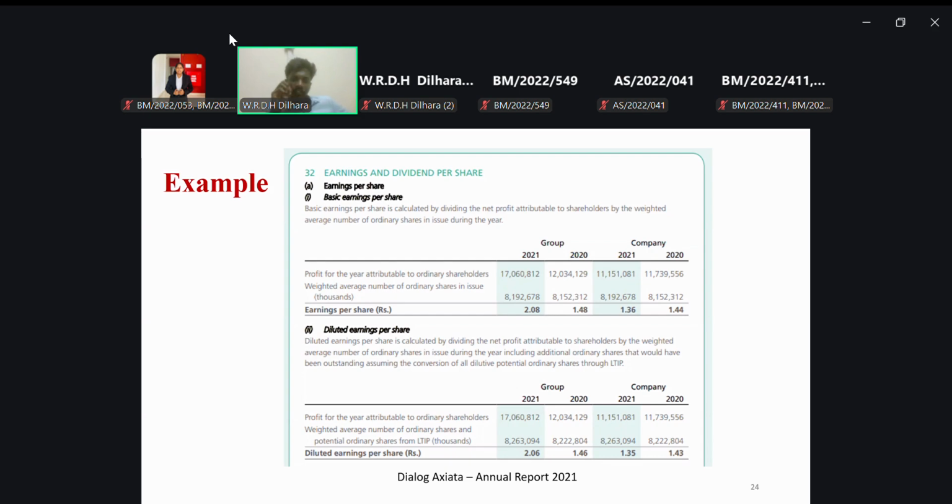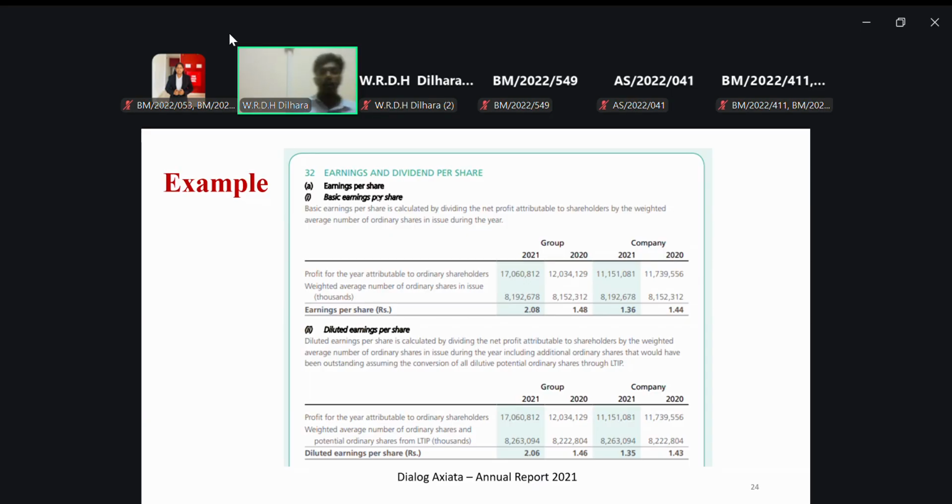Lamai, please answer. What is the reason the basic earning per share is higher than the diluted earning per share? Please answer, use your chat box. When you listen carefully to my lesson, you can answer this question, okay?